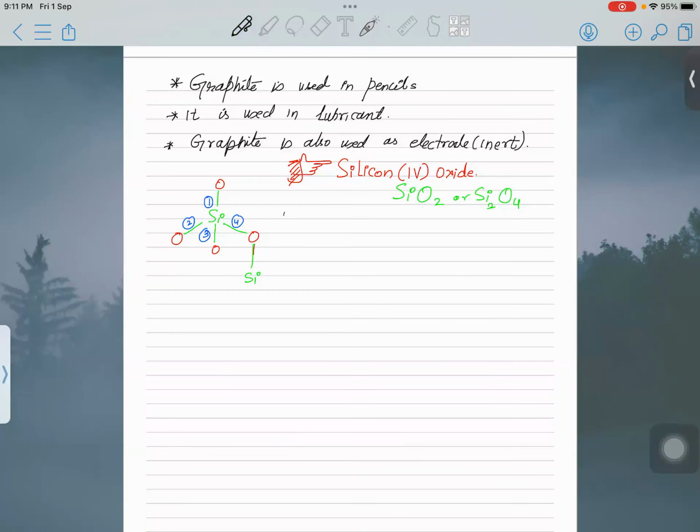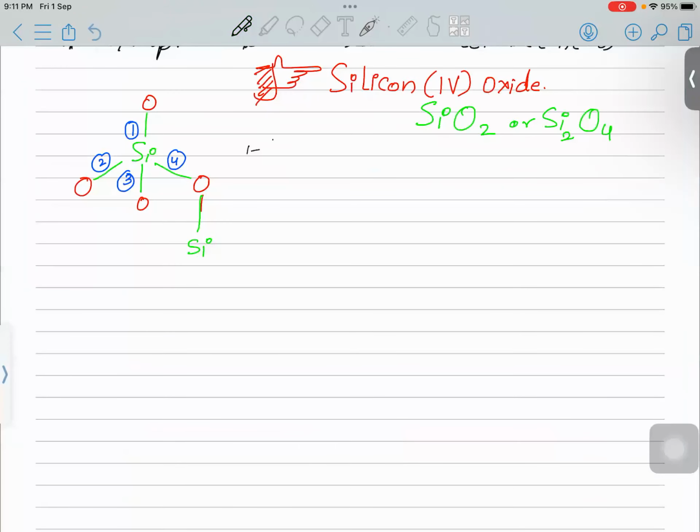The first point is that it has a giant covalent structure.